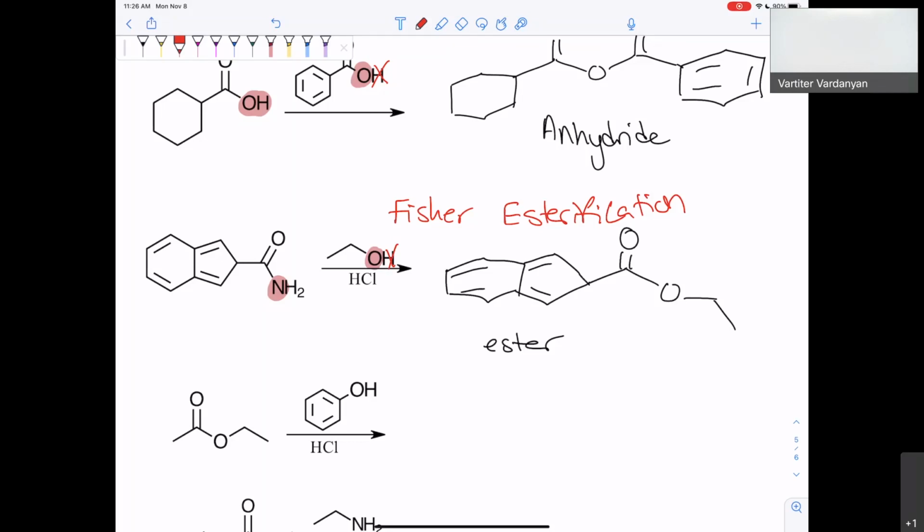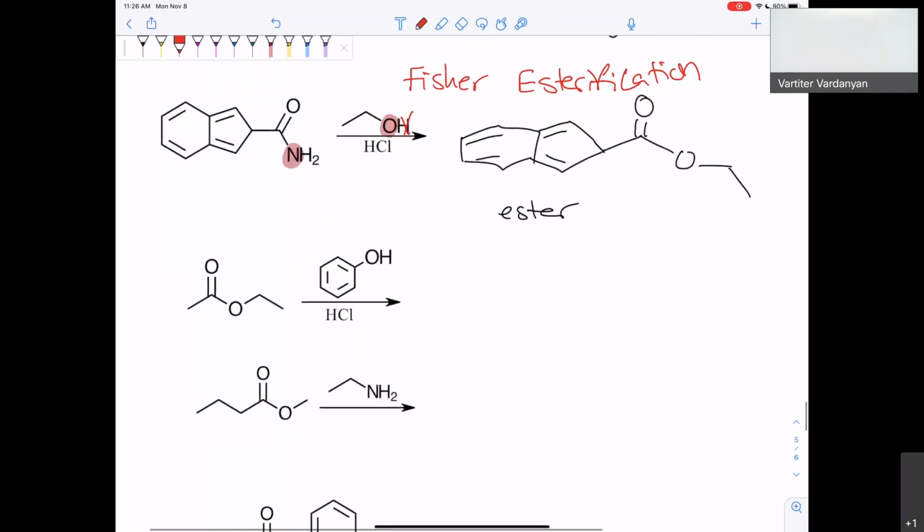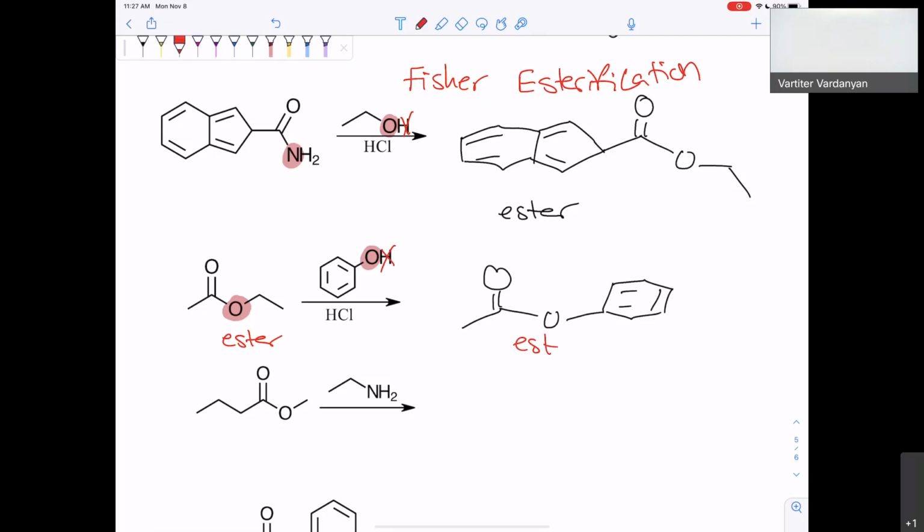Okay, so the next one is fun because we start with an ester, and we have our leaving group, our nucleophile, cross out the H, and we get, bam. So what functional group did we make? An ester.